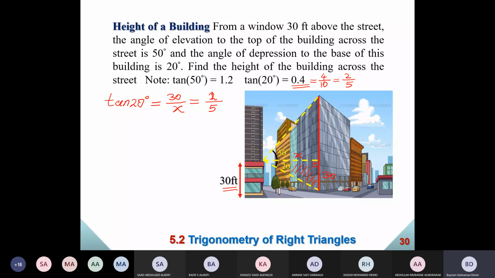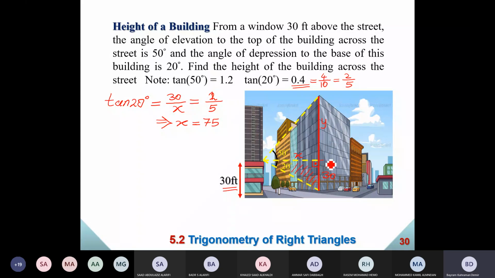And if you solve it for x, Shabab, it will give you 75. So we got the x value in the picture. Now let me write y here. So this part is y, starting from here.